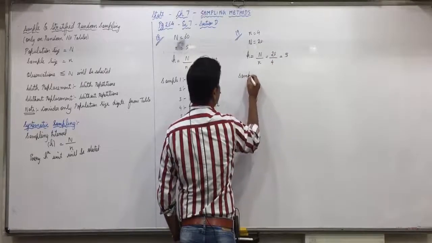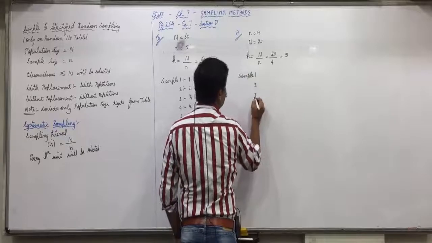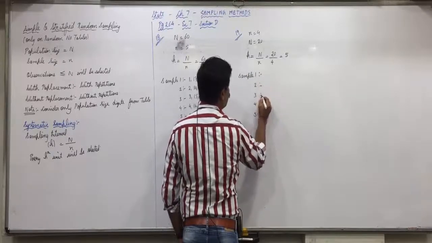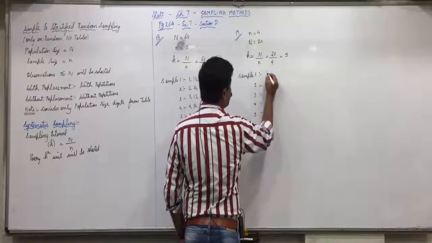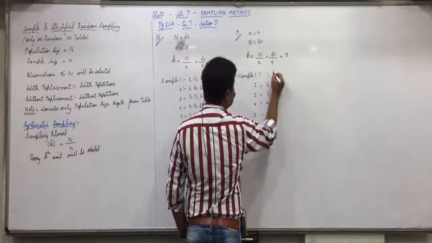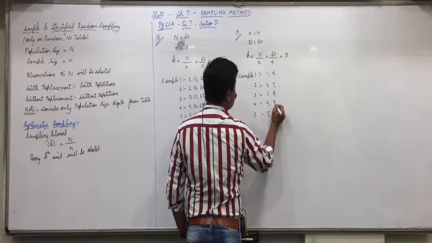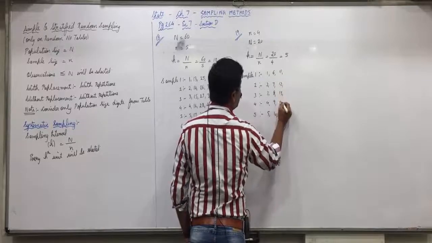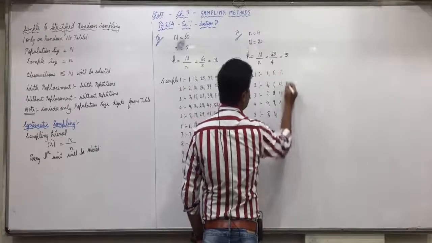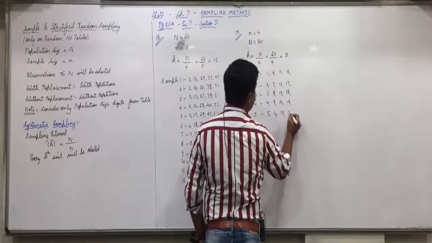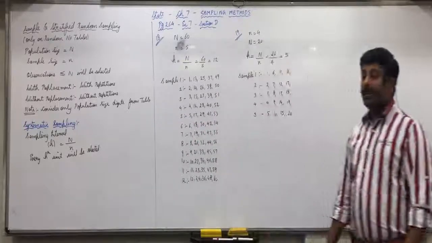Now 5 means how many samples are possible? 5. Now starting from number 1, you'll write up till 20: 1, 2, 3, 4, 5, 6, 7, 8, 9, 10, 11, 12, 13, 14, 15, 16, 17, 18, 19, 20. Did everyone understand this?